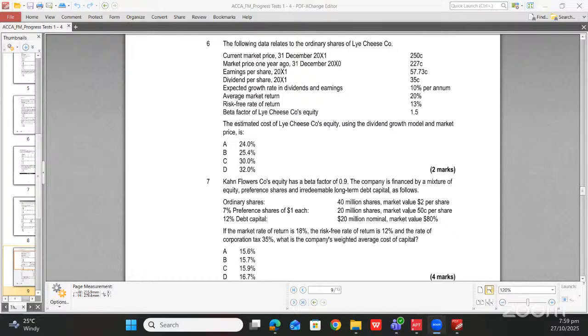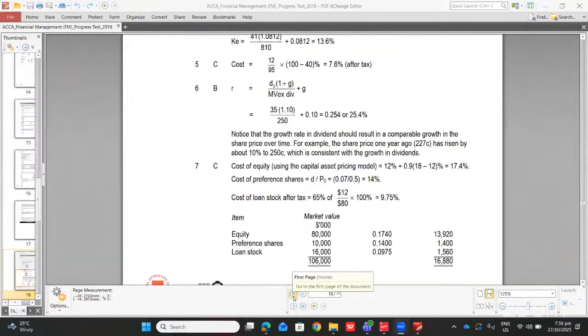All right, so let's see what we have for question 6 and 7. Question 6 says, the estimated cost of Light Cheese company equity using the dividend growth model and market price is, again, D0 times 1 plus G over MV ex-div, plus G. All the information is there already. 35 cents is the dividend. 10% is the growth rate. $2.50 is actually the current market price.